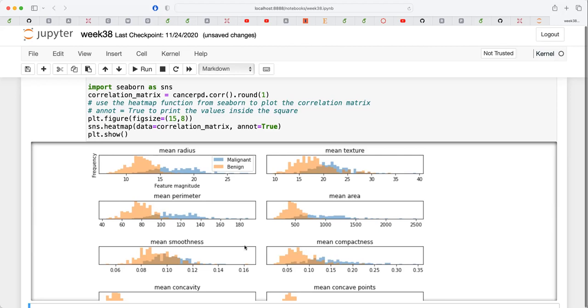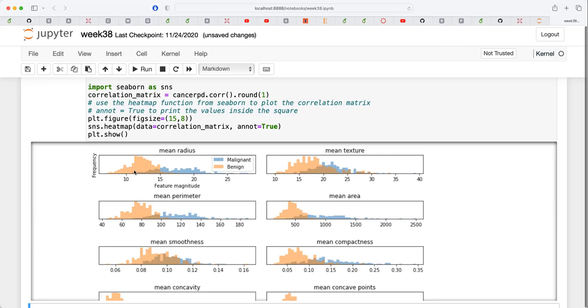But what you see here, if you look at this plot, which is also a very useful way to analyze your data, when you look at the frequency of these yes and no cases, so it's only a binary system, so it's much easier to plot. So if you plot that frequency, what you see now is if you look at the mean radius, there is very little overlap between the benign and the not benign case.